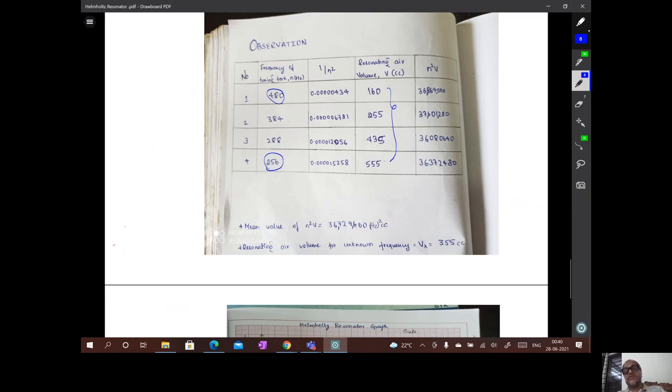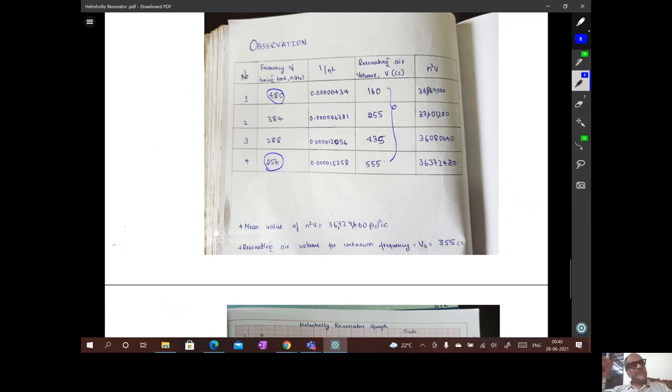Now this n square v should be a constant, but it's slightly varying. Variation in the third or fourth decimal is okay, no problem. But in the second reading, corresponding to 384, he is getting 37. This kind of mistake will definitely be there.